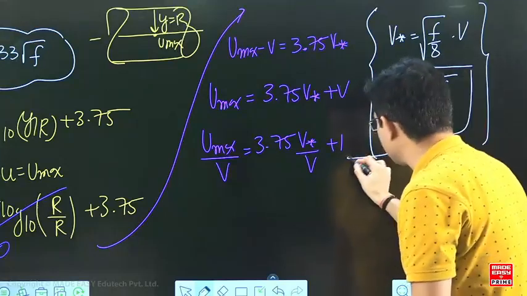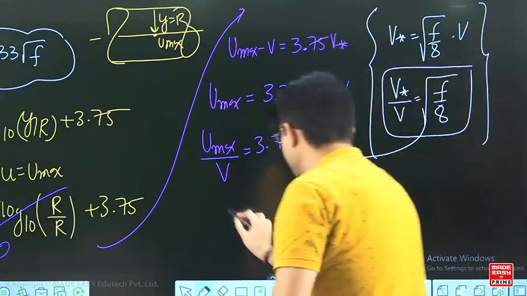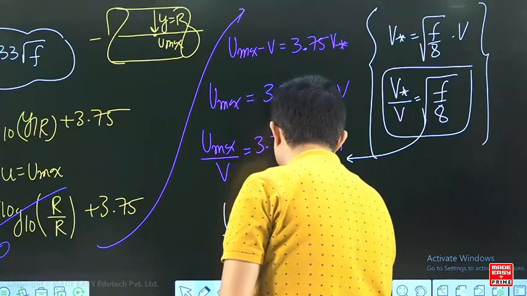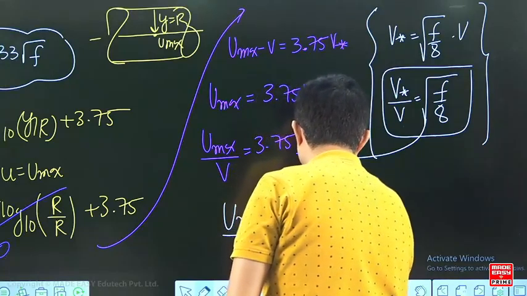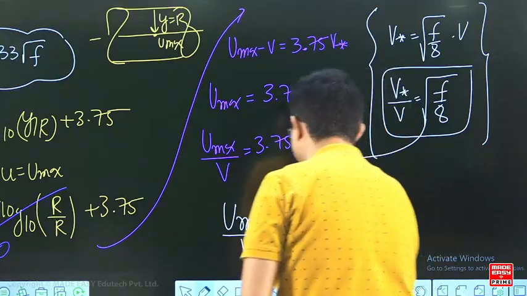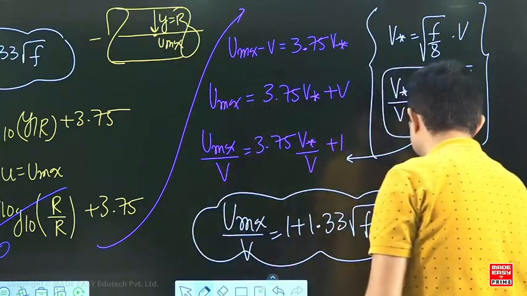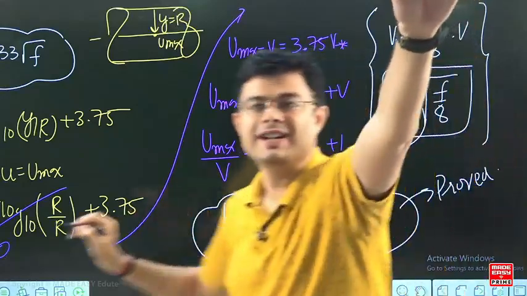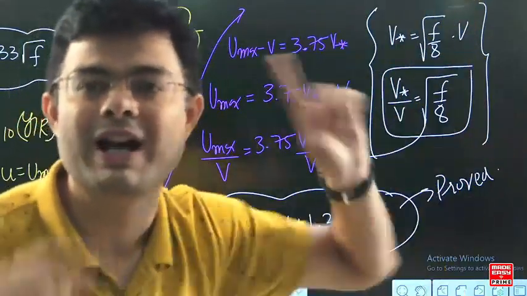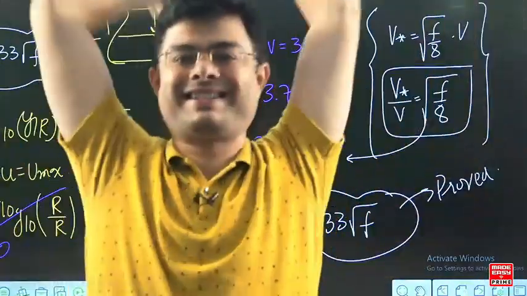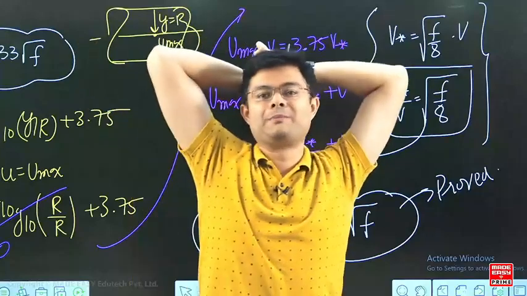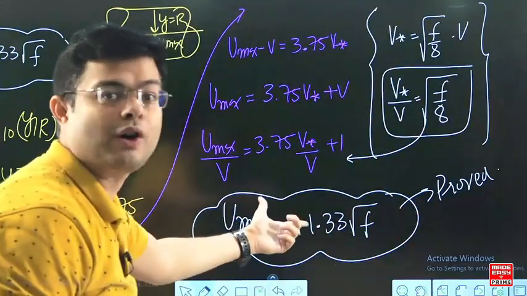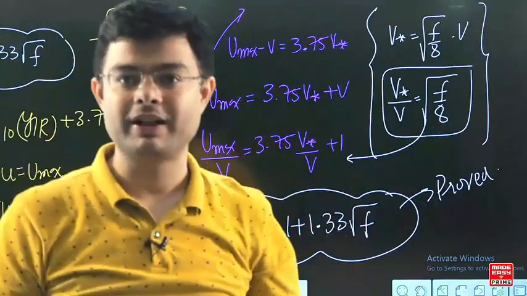When you put under root of F by 8 in this equation, you get Umax by V is 1 plus 1.33 of root F. Proved. And once it is proved, can you use this formula for solving numericals? Yes. So from today onwards, you can use this formula in solving the numericals.